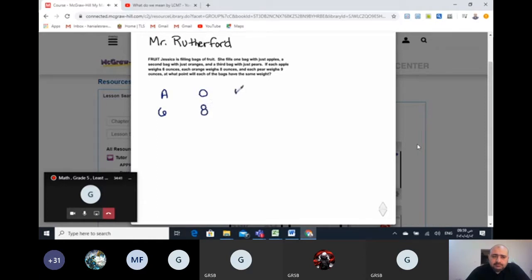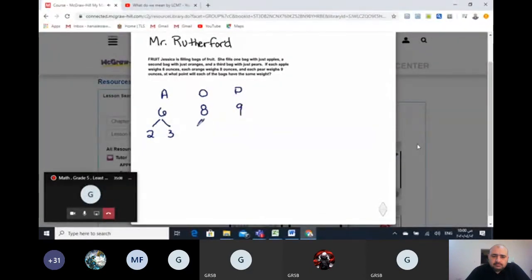And finally, our pears, which I'll use the letter P, they weigh 9 ounces. It says that we want to use the least common multiple to solve the problem. So we need to figure out what numbers multiplied together give us 6. That would be 2 and 3. And those are both prime numbers, so we're done with the 6.